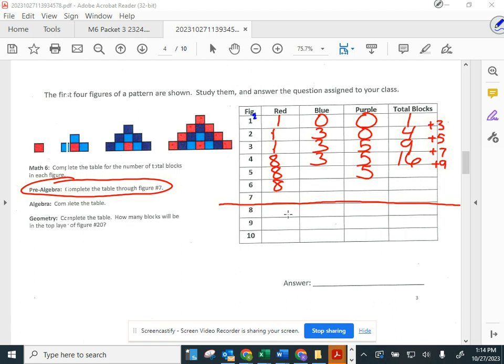Figure 1, 1 squared, 1 times 1 is 1. 2 squared is 2 times 2, that's 4. 3 squared is 3 times 3, that's 9. 4 squared is 4 times 4, that's 16. What am I going to do for the next one? 5 squared is going to be 25.